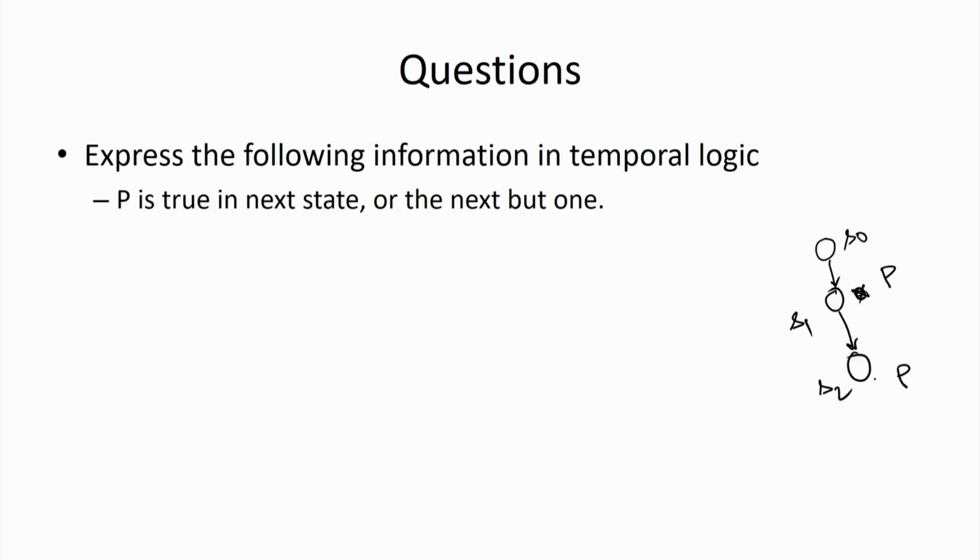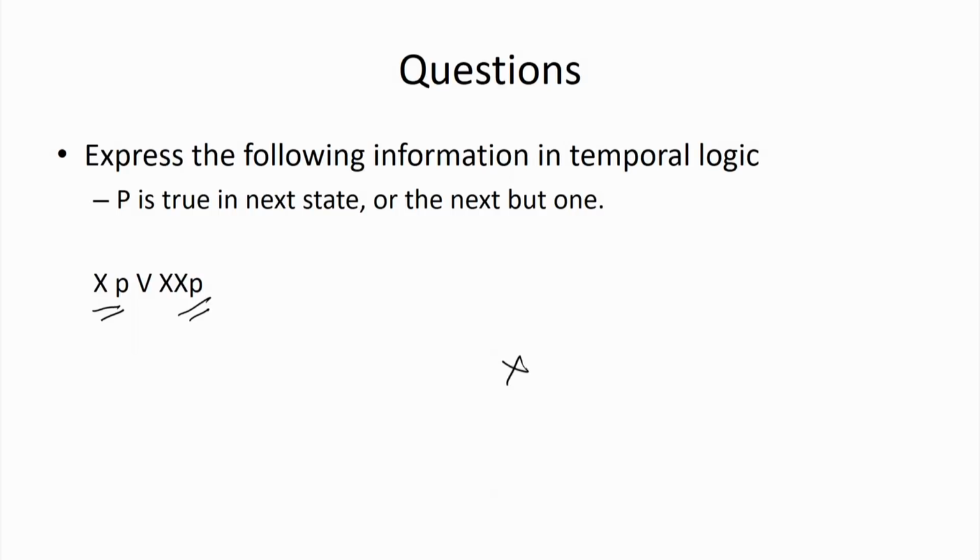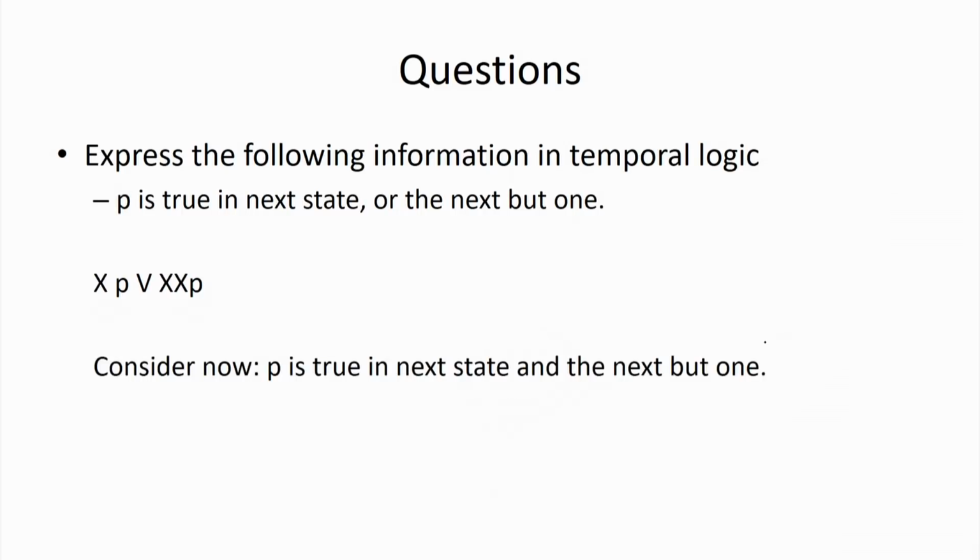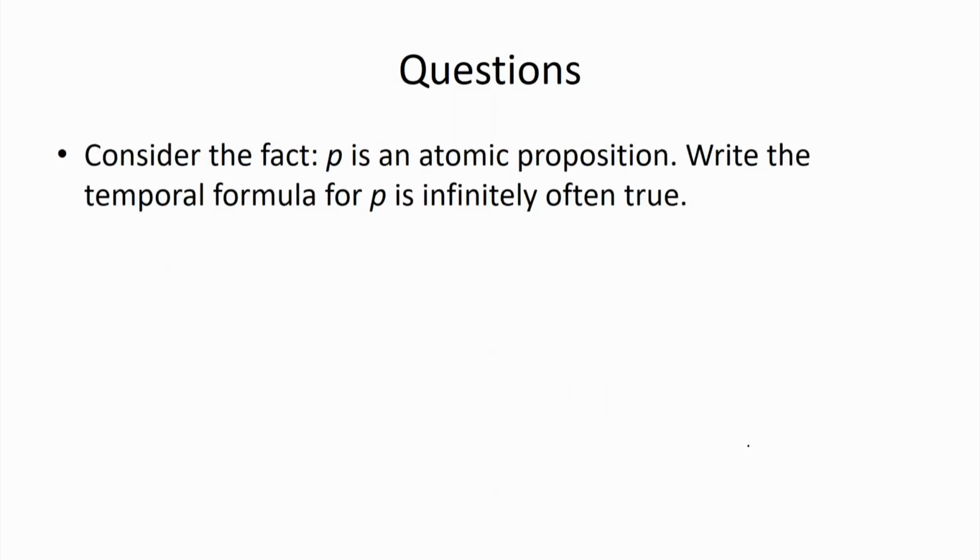So, how do I describe this behavior in temporal logic? It says that in the next state P holds or in the next to next state P holds. This temporal operator can be used again. X p is a temporal formula. After knowing the truth value of X p, I can say X X p. So, P is true in the next state and the next but one.